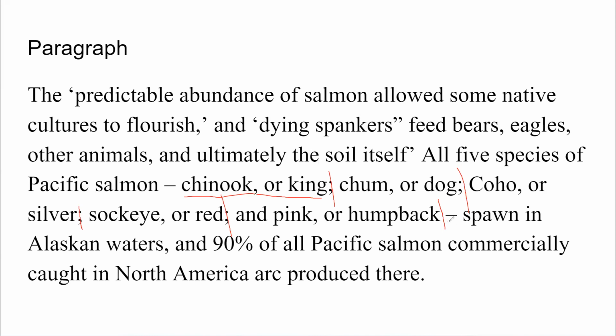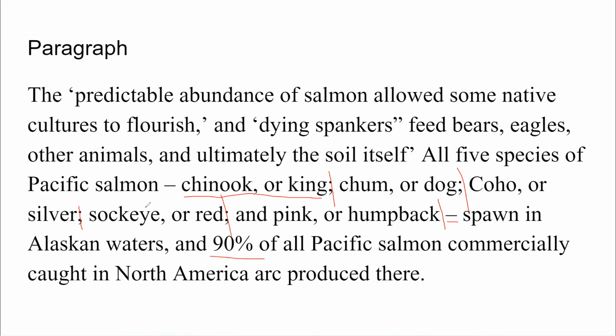Now let's see. Hyphen. It means the answer is not yet complete. So let's see this. Spawn in Alaskan waters, and 90% of all Pacific salmon commercially caught in North America are produced here. So they have also talked about 90% information. Now here the answer seems to be true, but in fact it is not true.